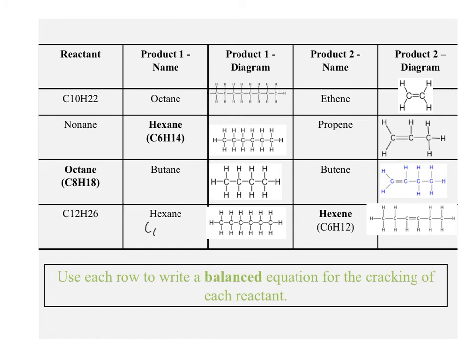Hexane is C6H14, butane C4H10, octane C8H18 as we've said, and then ethene C2H4, propene is C3H6, and butene is C4H8. Whoop, made a mistake.